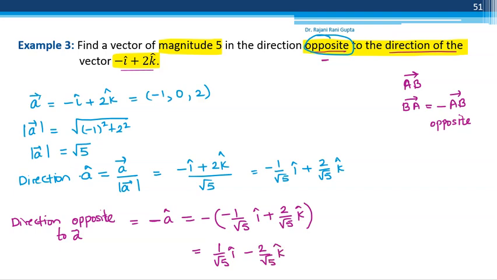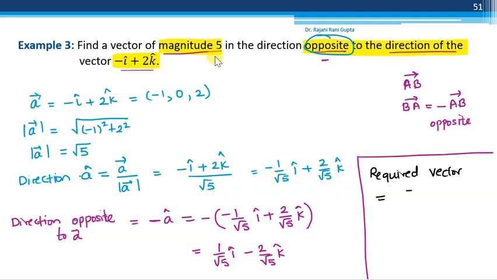So you have now the opposite direction. Now you have to find the required vector. Magnitude should be 5 and this will be the direction. So the required vector will be 5, which is the magnitude, multiplied by minus of A cap, which is 5 multiplied by 1 over root 5 i minus 2 over root 5 k. Okay. So this is how you can work on these type of questions.